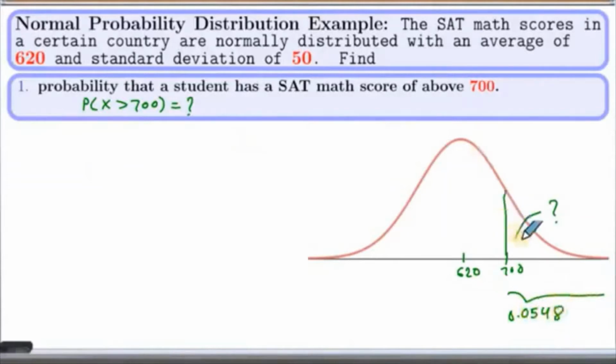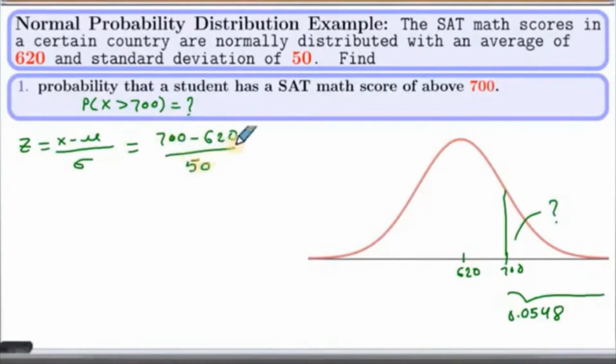Now let me show you how to find the area using table. For that we can use this formula where z equals x minus mu over standard deviation. Our x in this case is 700, our mean is 620, and our standard deviation is 50. So that comes out to be 1.6. Now we need to look this z-score up in the table to find this area here.